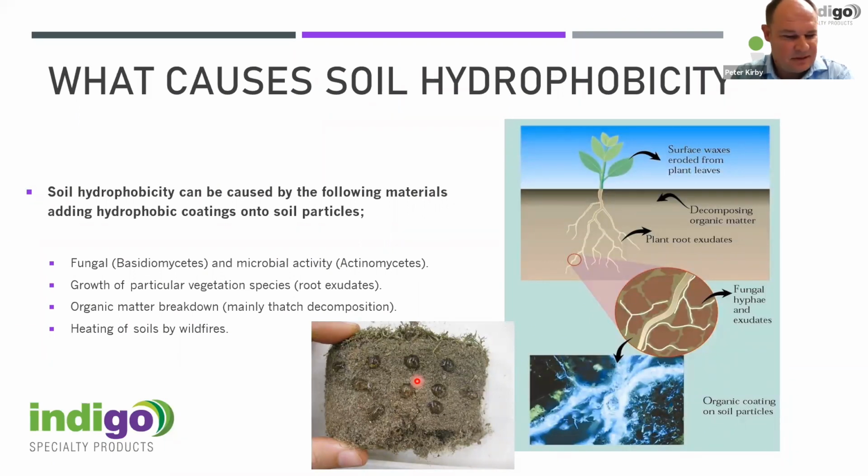As eucalyptus trees combust, they release a gas which then penetrates through the soil and coats soil particles to become extremely hydrophobic as well. So there's a number of factors which create that organic coating, and basically the key to remember is it's a non-polar molecule, which means water finds it very difficult to penetrate.